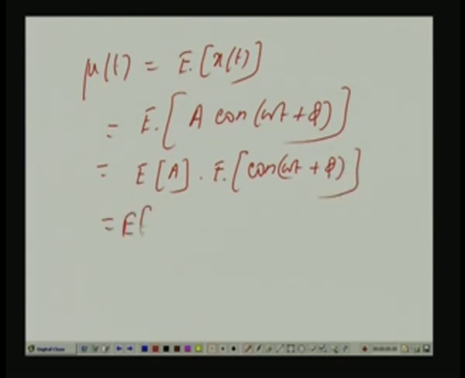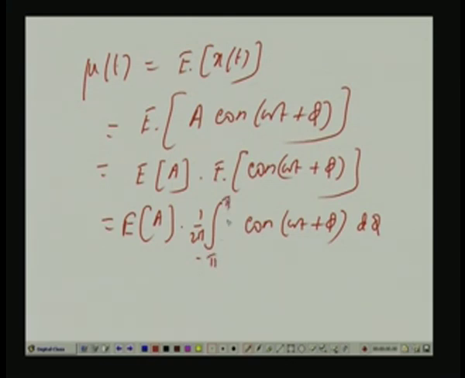Which will give, I do not know what E of A is, some value, because we are not told about the probability density of A. So, we just keep it as E of A, but here we multiply cosine omega t plus phi by the probability density, that is uniform. So, the value is 1 by 2 pi over what range? From minus pi to pi.